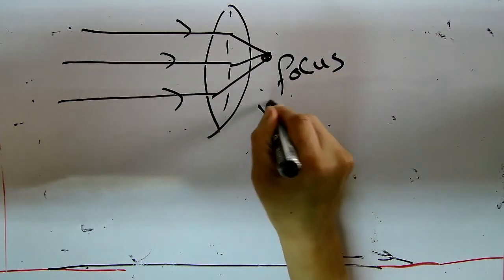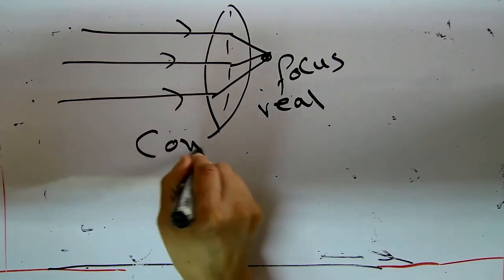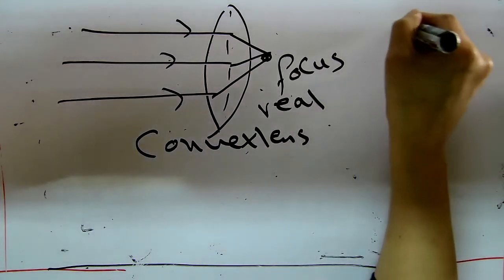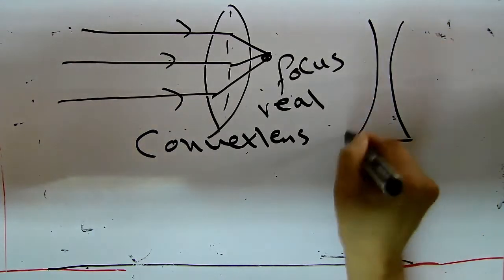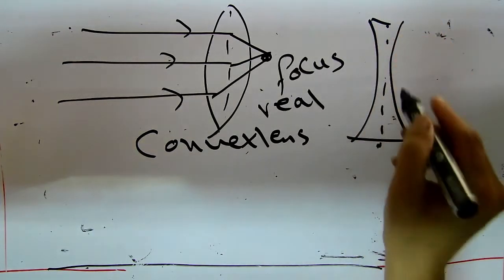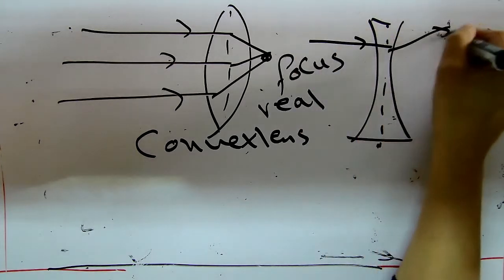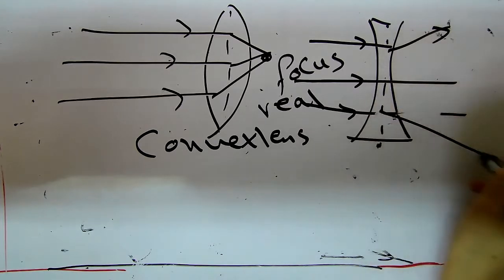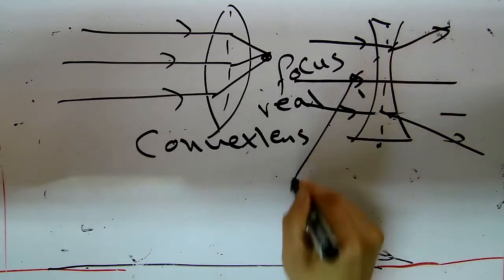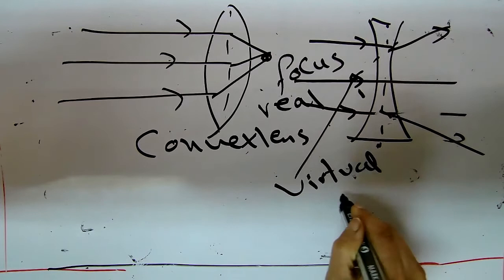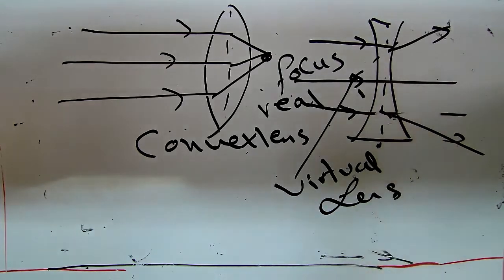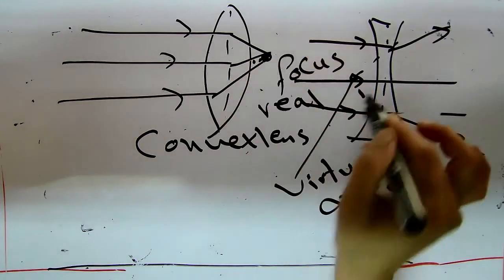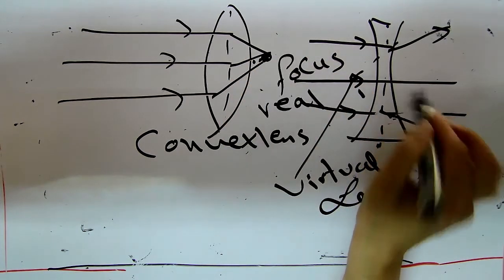It is real in a convex lens, while it is virtual in a concave lens. The focus in a convex lens is real, while the focus in a concave lens is virtual.